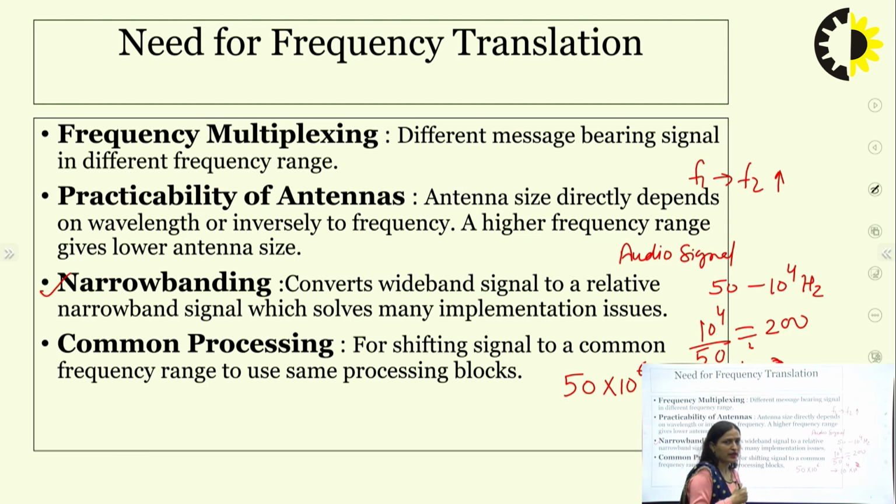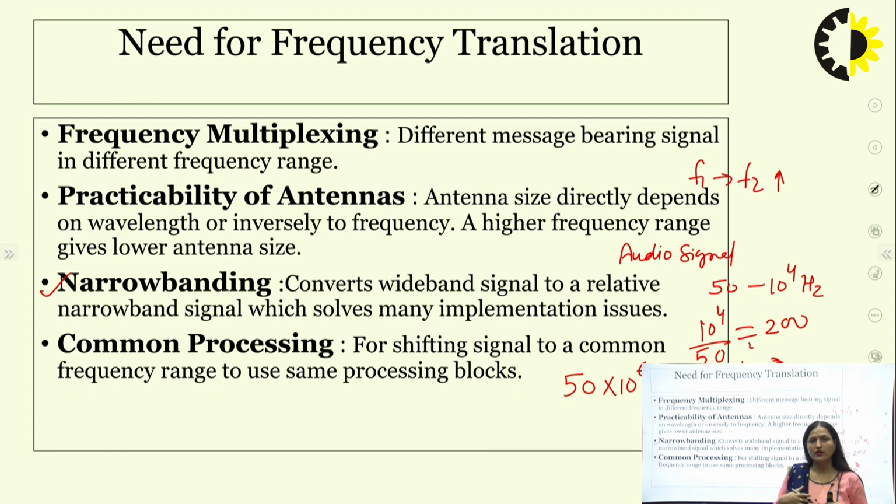Next is the common processing. This is for shifting a signal to a common frequency range to use the same processing block. Sometimes we want to transmit a signal that operates at a different frequency, and we have a system which is operating at a different frequency. Okay.